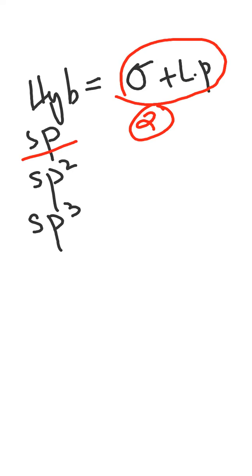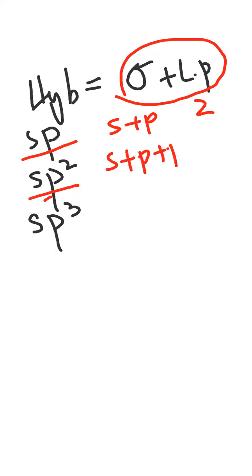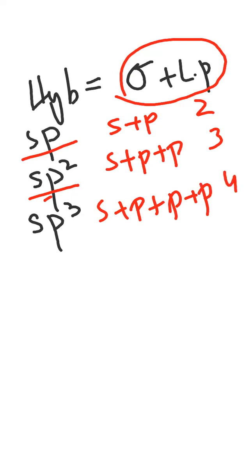Sp means s plus p, 2 orbitals. sp2 means s plus p plus p, 3 orbitals. sp3 means s plus p plus p plus p, 4 orbitals. So if the sum of sigma bonds and lone pairs is equal to 2, it means sp. If the sum of sigma bonds and lone pairs in a given thing is 4, it means sp3 hybridization.